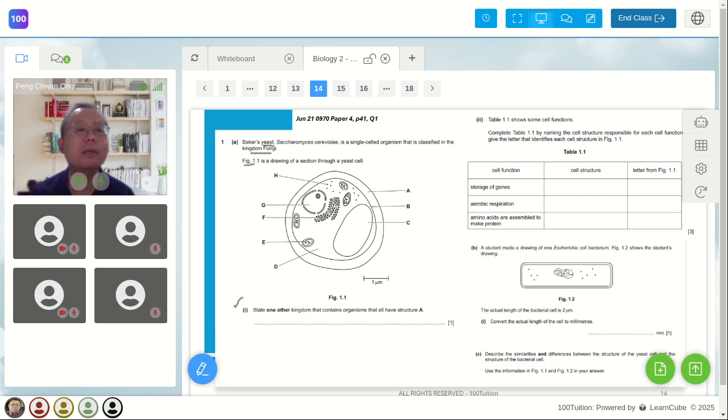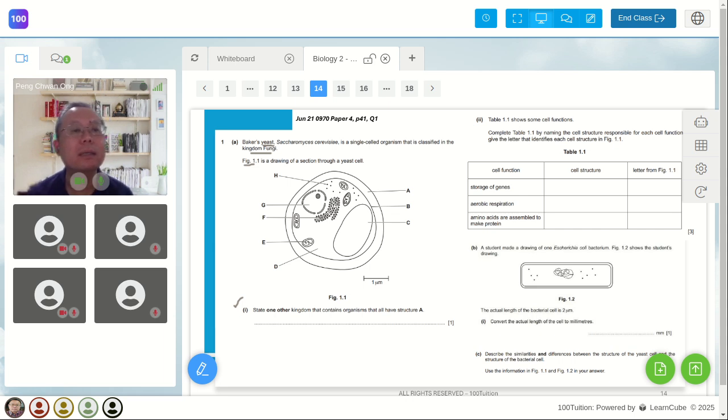Okay, good. Animal kingdom. Okay, maybe Jamuna, can you tell me what is structure A? Pardon me, I think I have a slight cough.